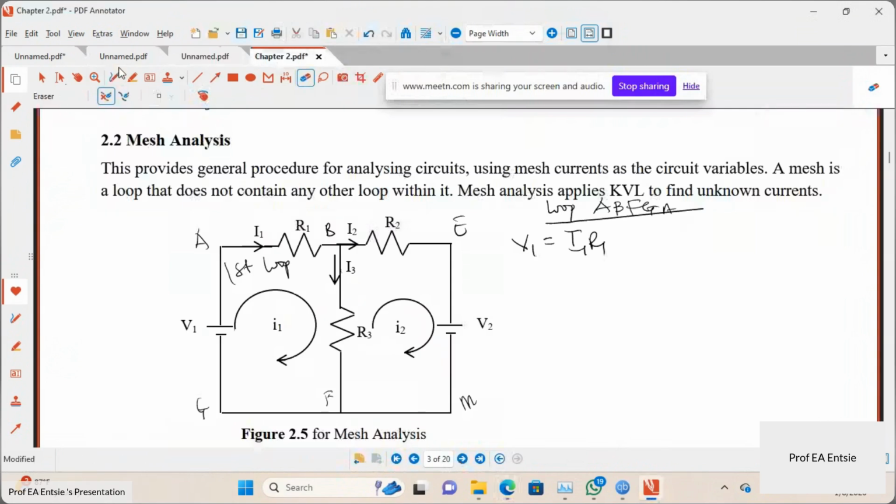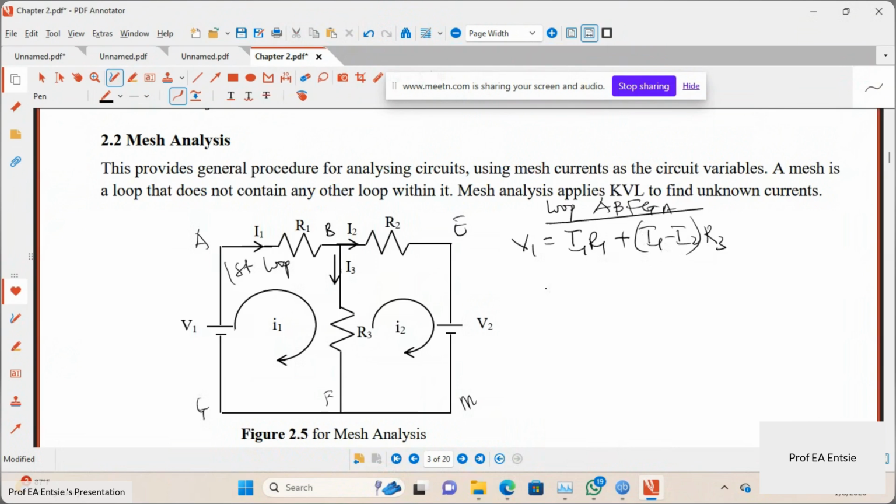This I3, which is illustrated here, passing through R3, is nothing more than I1 minus I2. So when I come here it will be plus I1 minus I2, which is the current flowing through R3. This will be the voltage drop across R3.